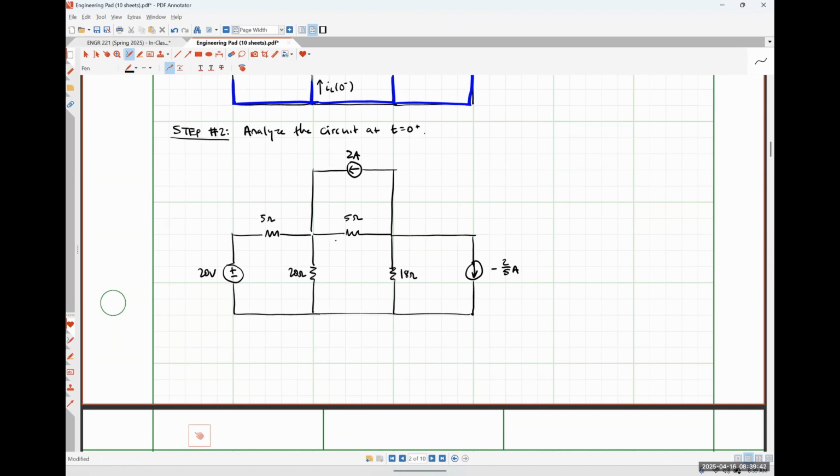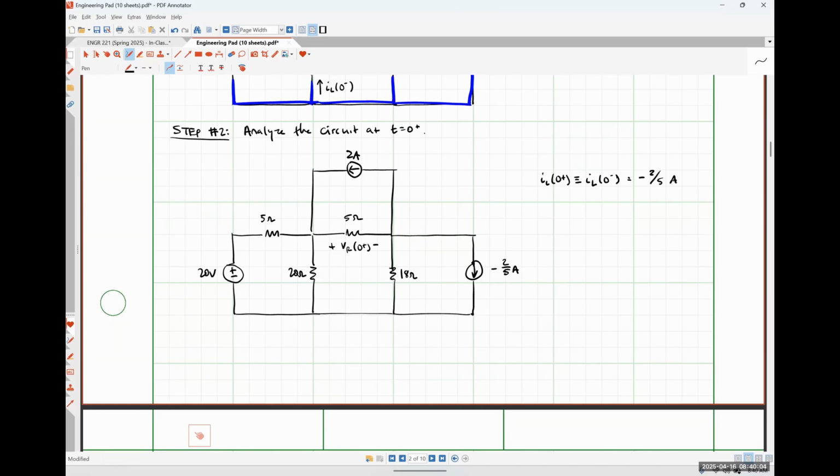And the only thing that we actually need to solve for is then this voltage VR at 0 plus, and I'll write this down to make it hopefully stick. IL at 0 plus must be IL at 0 minus, which is negative 2/5 of an amp.